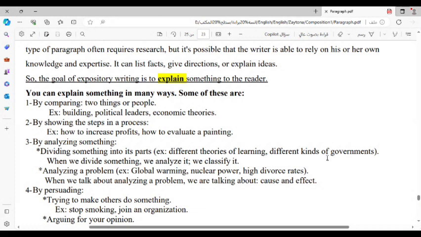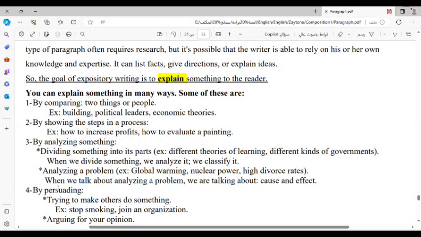Okay, different kinds of government. Your purpose here, your goal, is just to show or explain or give information, not, for example, to describe something or to narrate something. No, here your responsibility is just to explain something.